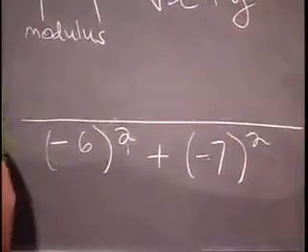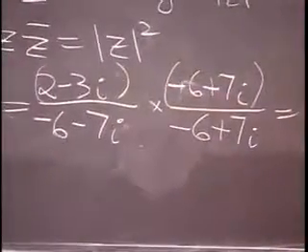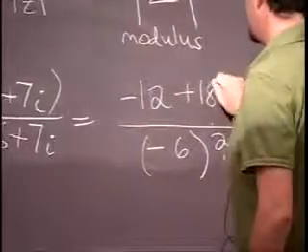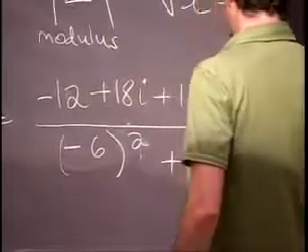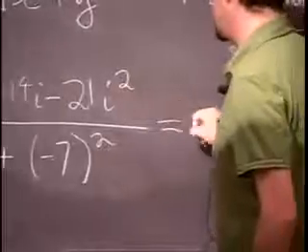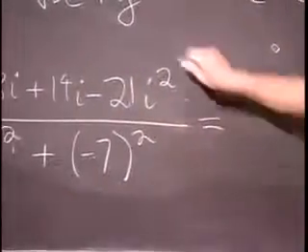Unfortunately, to do the top, you need to do this multiplication again. And so we better multiply it. 2 times minus 6 is minus 12. I get plus 18i. I get plus 14i minus 21i squared. All right, so let's finish it. What's i squared? Negative 1.